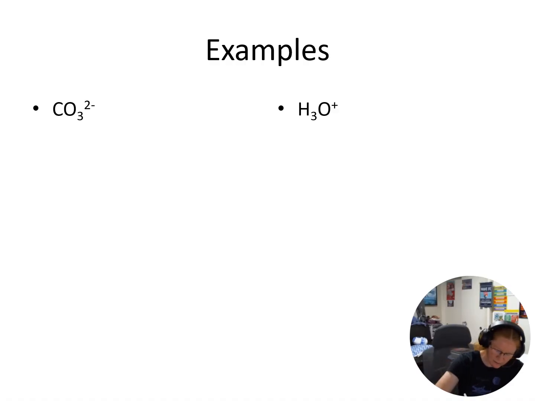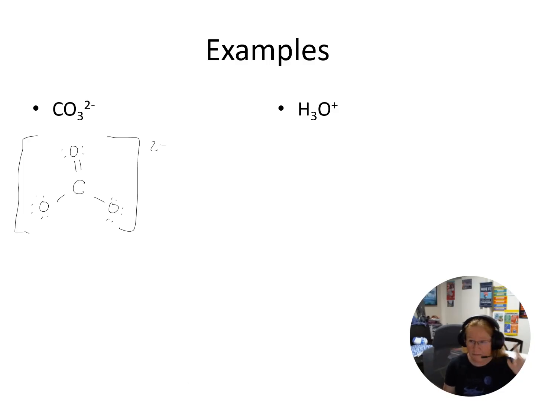Okay, so here's one resonance structure for the carbonate anion. Now, what you may have learned is to do these brackets and the charge outside the brackets. Well, now that we know formal charges, we can actually do this a different way. So if you calculate the formal charges on these, and you write the formal charges, you don't actually have to put those brackets.